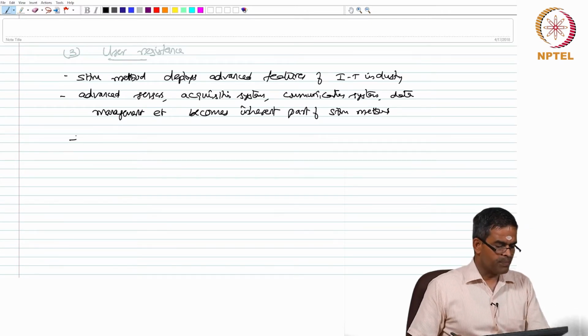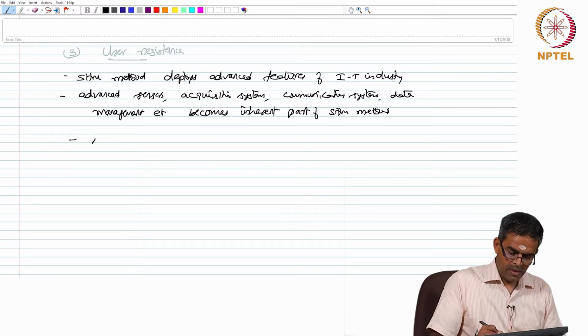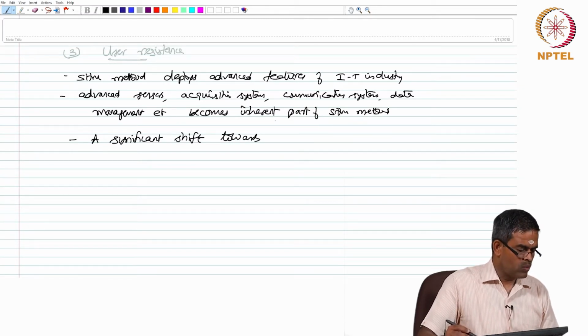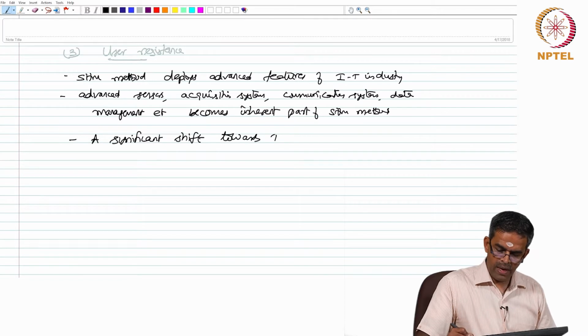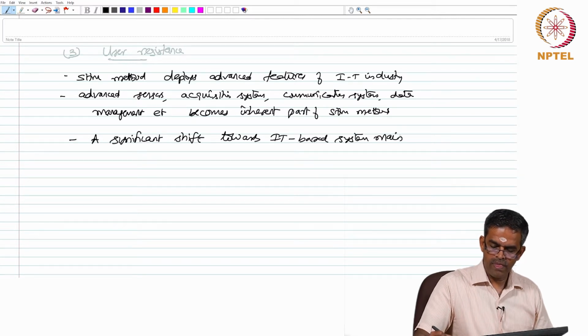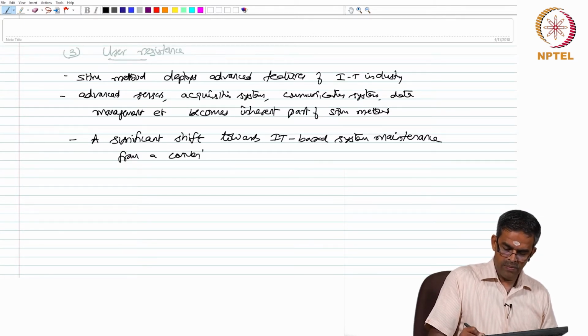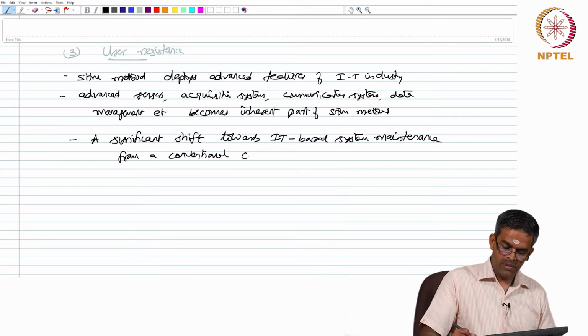Therefore, there will be a significant shift towards IT based system maintenance from a conventional civil maintenance.